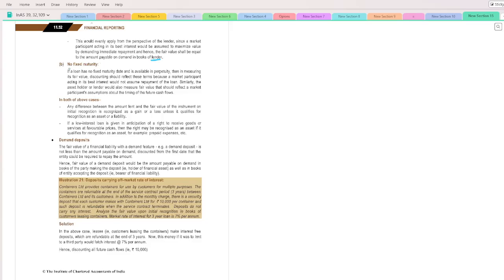Okay, so no fixed maturity. If there is no fixed maturity, then you need to anticipate till what time this amount can be repaid. If a loan has no fixed maturity date and is available in perpetuity, then in measuring its fair value, discounting should reflect these terms, because a market participant acting in its best interest would not assume the repayment of the loan.